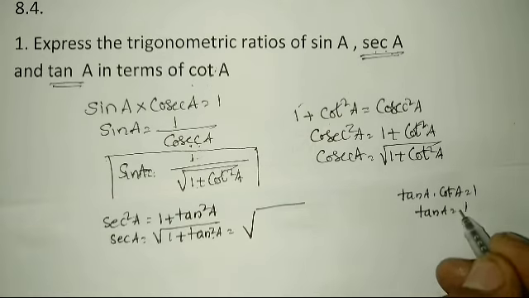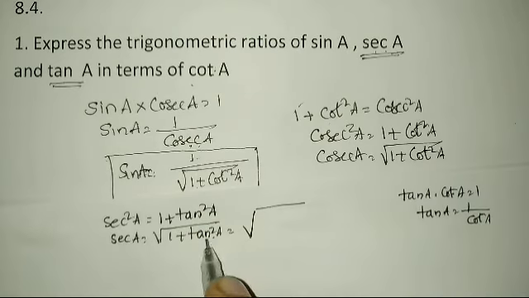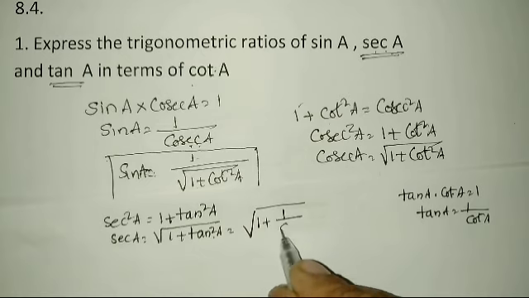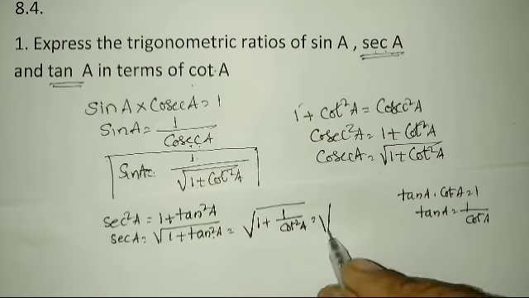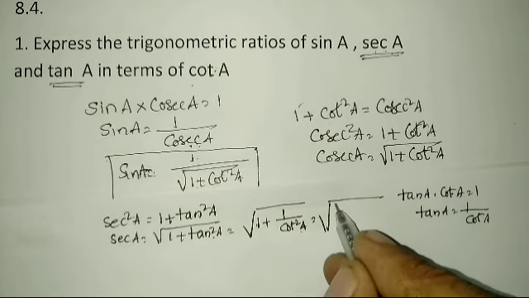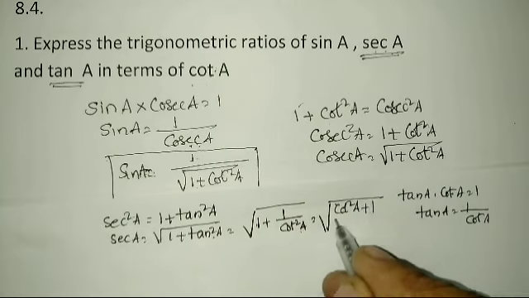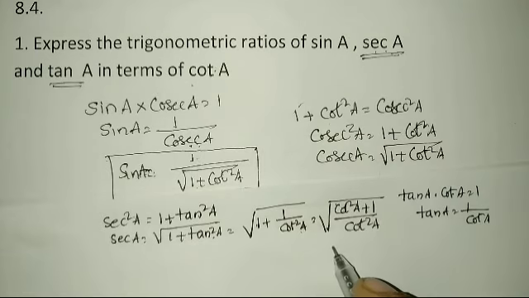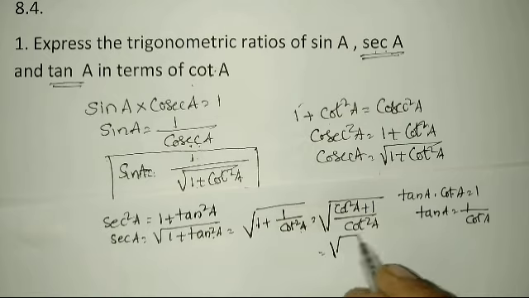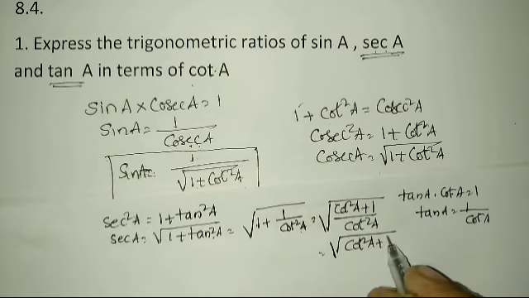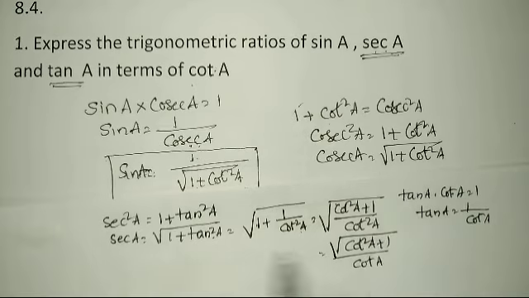Tan A equal to what? 1 by cot A. Therefore tan square A equal to 1 by cot square A. By taking LCM, we get cot square A plus 1 by cot square A. Now this can be written as root of cot square A plus 1 by cot A. So secant A is expressed in terms of cot A as root of cot square A plus 1 by cot A. So when we know the value of cot A, to find secant A, we can use this formula, secant A equal to root of cot square A plus 1 by cot A.